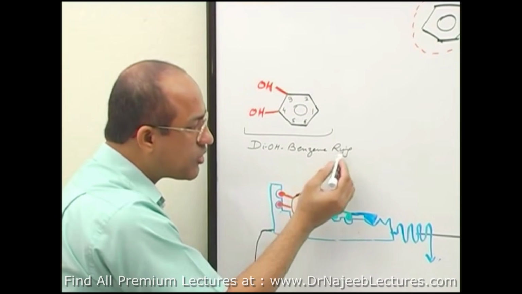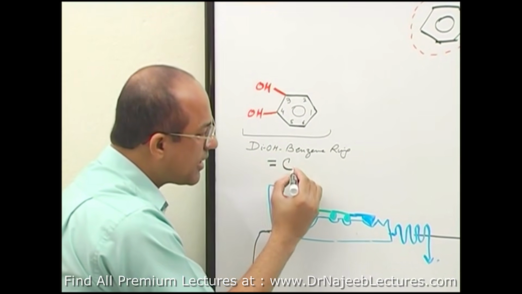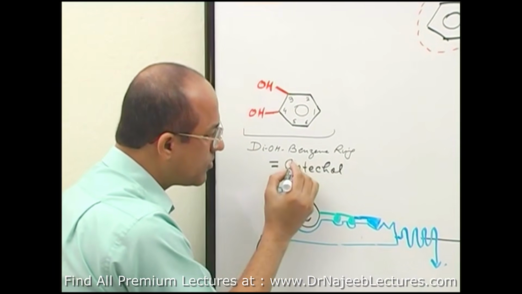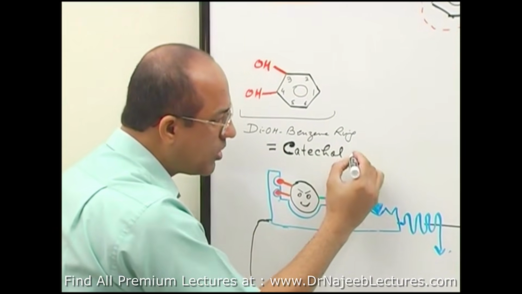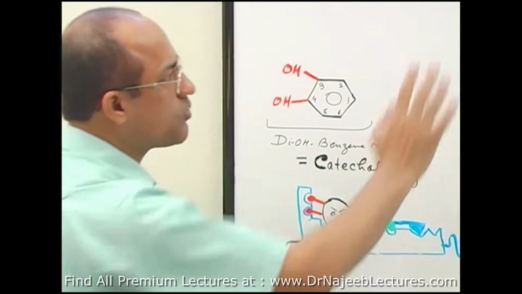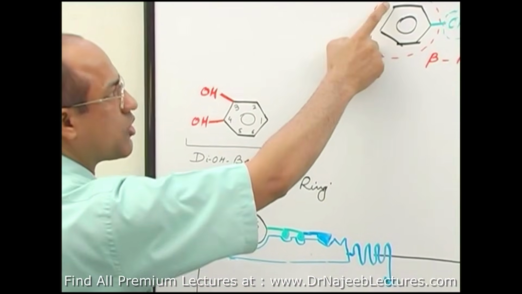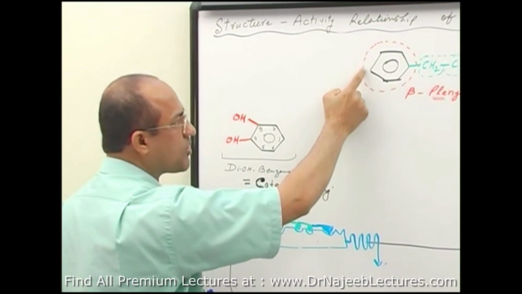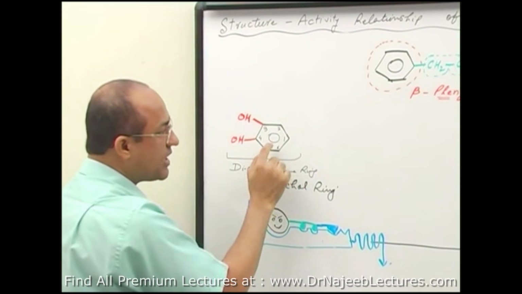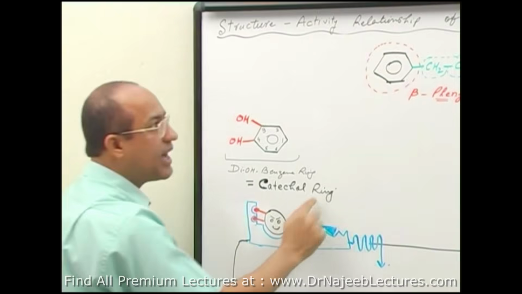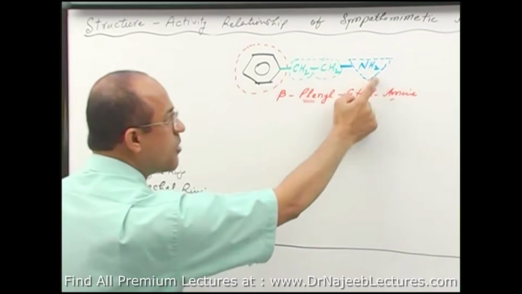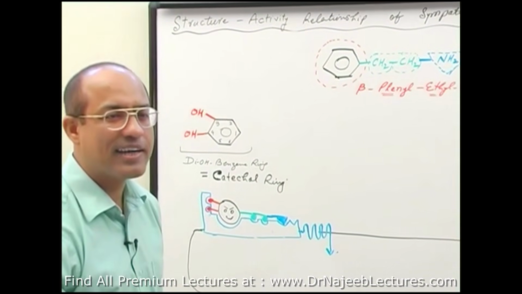The other name for dihydroxybenzene ring is catechol ring. So it means that if you take this primary compound and you add hydroxyl at carbon number 3 and carbon number 4 of the benzene ring, then you have converted the benzene ring into a catechol ring, and then this compound will be called catechol ethyl amine, or simply we call it catecholamines.